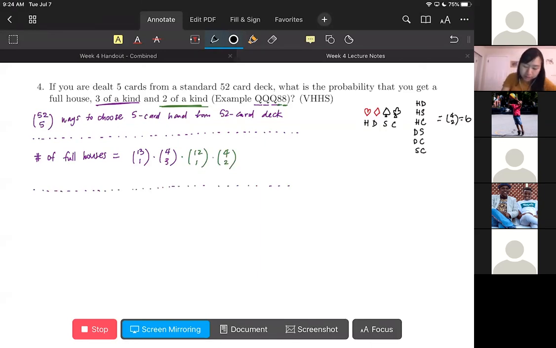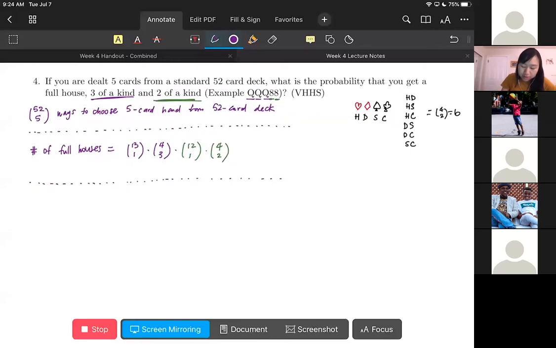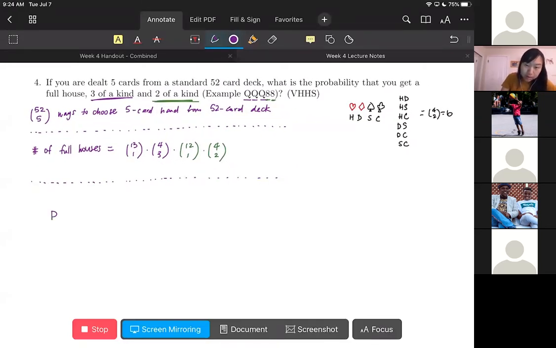Okay. So then going back to the probability part, we've calculated the numerator and the denominator. So the total probability that a random hand is a full house is equal to 13 choose 1 times 4 choose 3 times 12 choose 1 times 4 choose 2 over 52 choose 5.